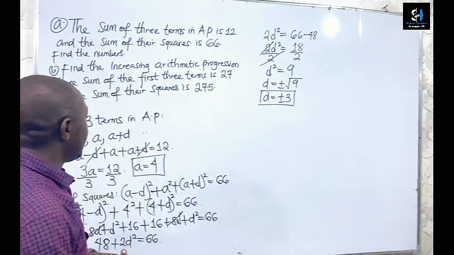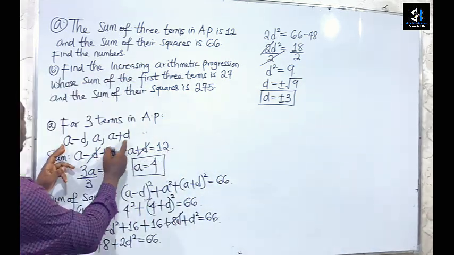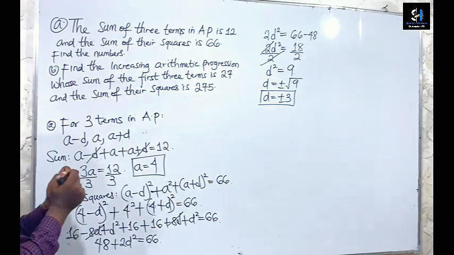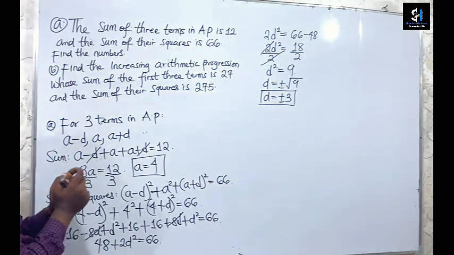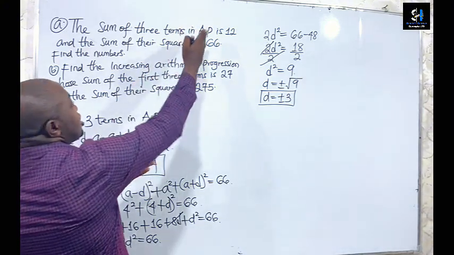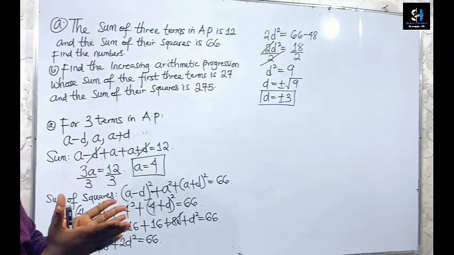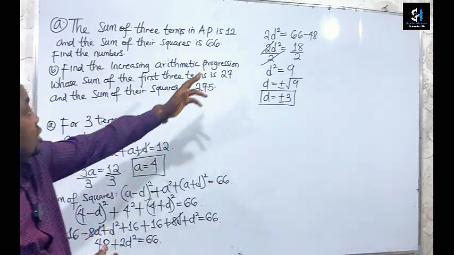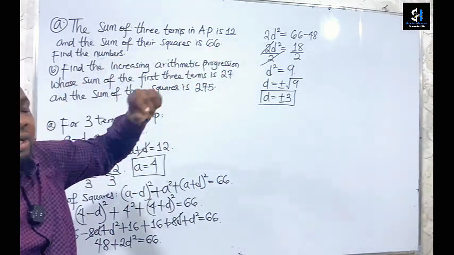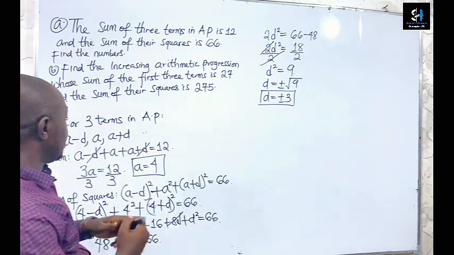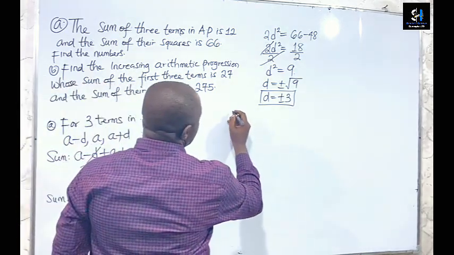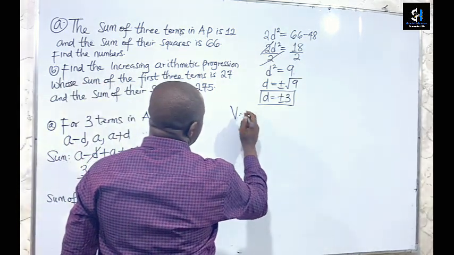But we can verify. We have that the sum of the three numbers that form an arithmetic sequence, also known as an arithmetic progression, is 12, and the sum of their squares is 66. So let's verify.